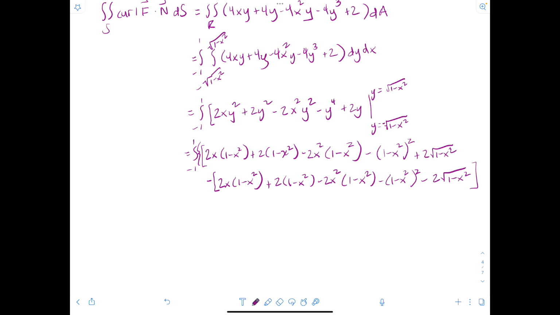Good so far? And then we bounded the whole thing. So all of this is going to zero out because this minus will flip the signs, except for the very last one. So you're going to end up getting the integral from negative 1 to 1 of 4 times root 1 minus x squared. And all of this, sorry, was with respect to x because it was still in the integral.